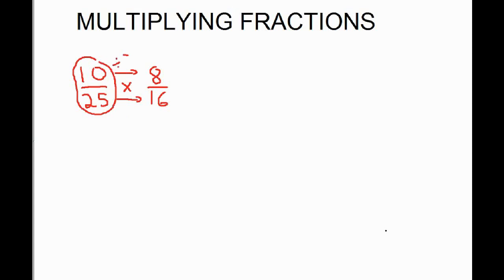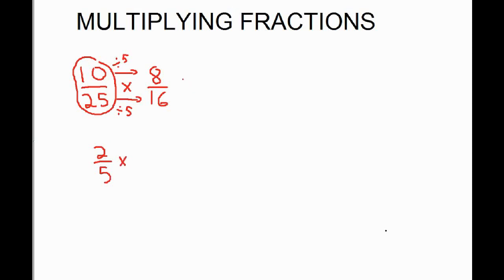So if I divide both the top and the bottom by 5, and remember, 5 over 5 is just 1, so I'm really just dividing the whole fraction by 1. So 10 over 25 is the same as 2 over 5. That's just reduced to simplest form.